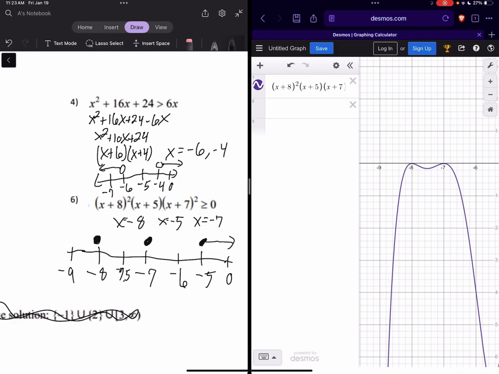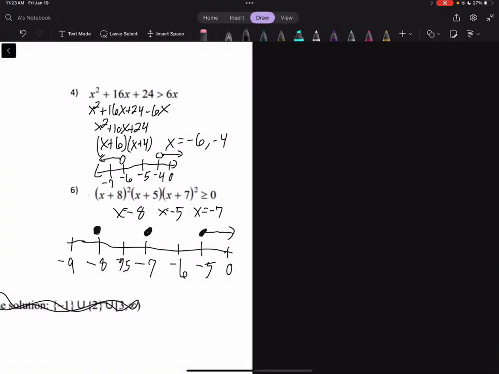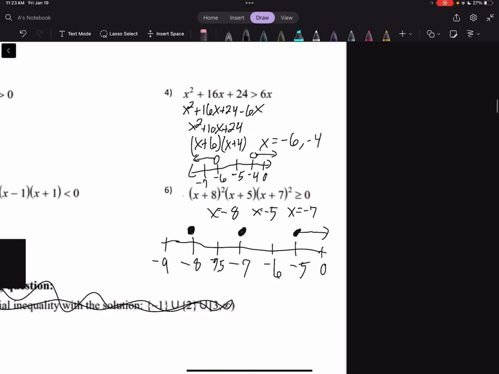Okay, now I'm going to go back and talk about the intervals for both of these so I can finish it out. Okay? The interval for number 1 is going to be from negative infinity to negative 6, union negative 4 to infinity.